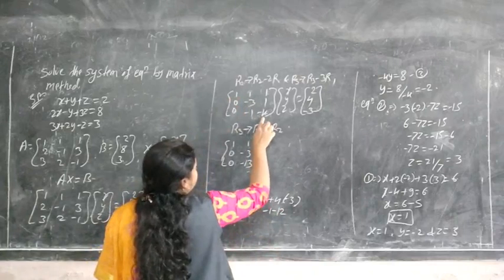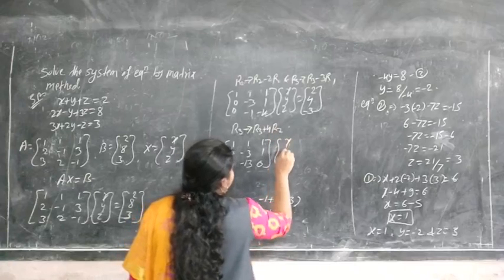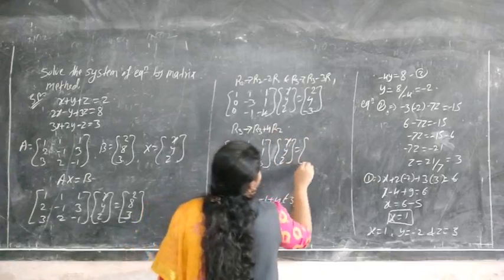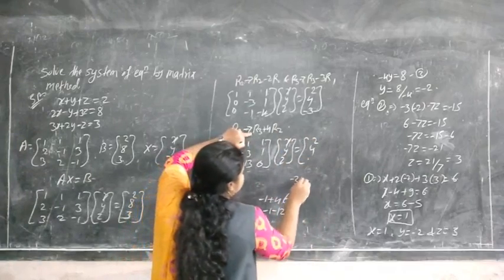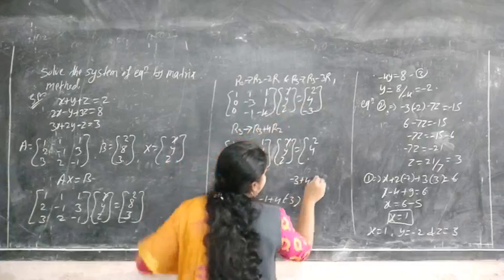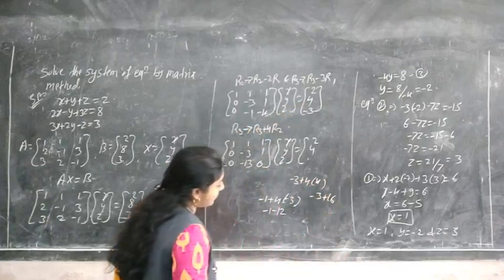Next, here we have -4, so obviously it is nothing but 0 into X, Y, Z. This is equal to 2, 4. Apply the same transformation. R3 is -3 plus 4 into R2, which is 4. So you will get -3 plus 4 into 4, that is 16.